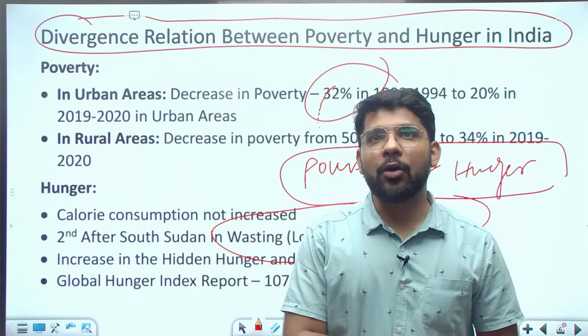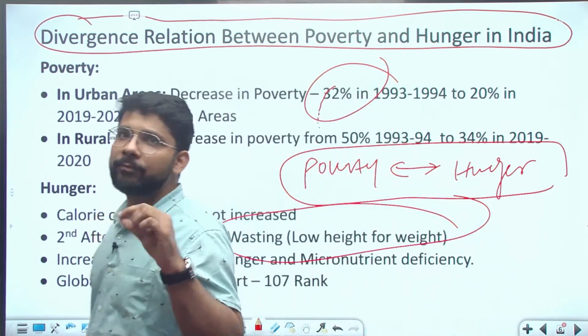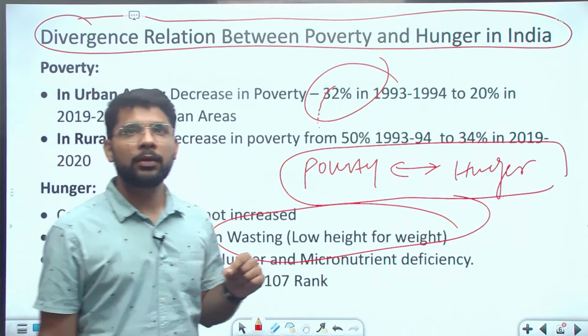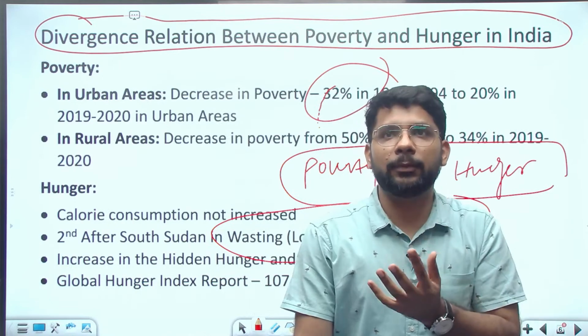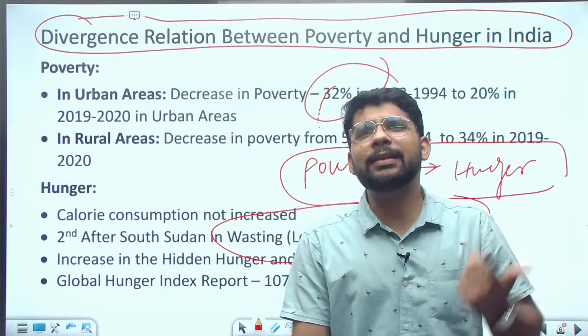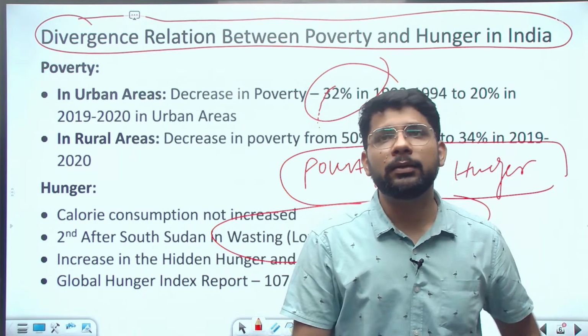Okay, now come to the second part, where we need to discuss why there is low spending on social indicators like health and education. Why is there low spending by the government? There can be multiple things.